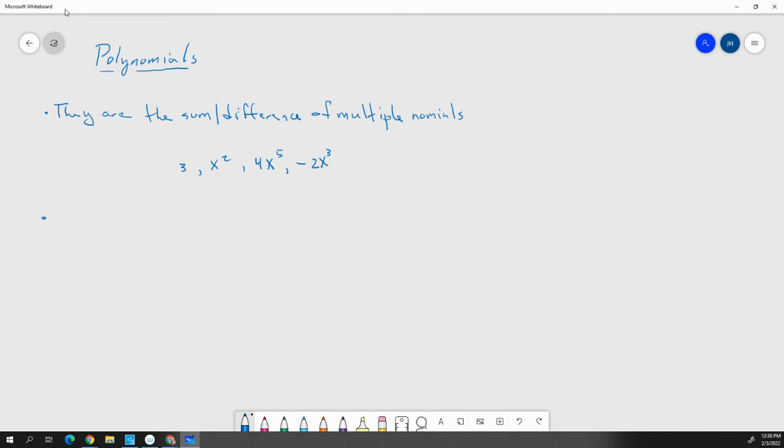Let's start with this. The highest degree, or the highest exponent, is called the degree of the polynomial.